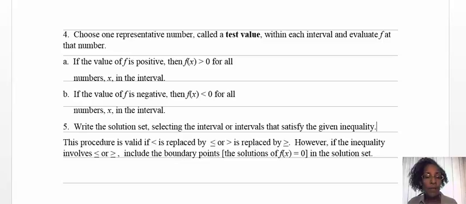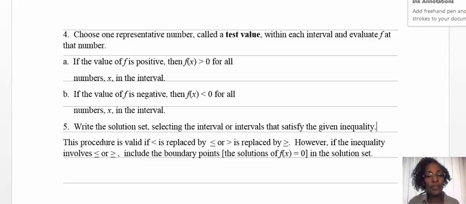However, if the less than or equal to, or greater than or equal to symbol is part of the inequality, I then include the boundary points in the solution set.